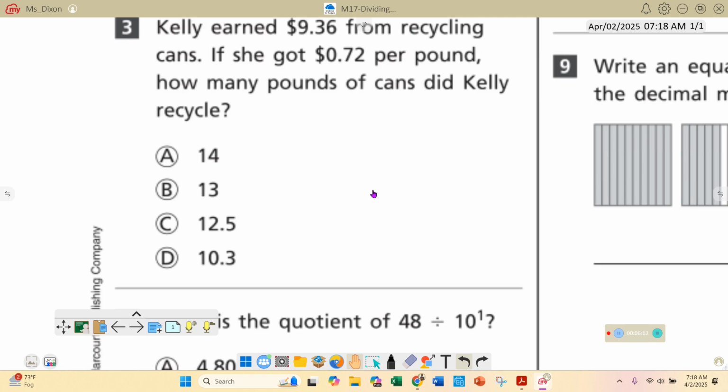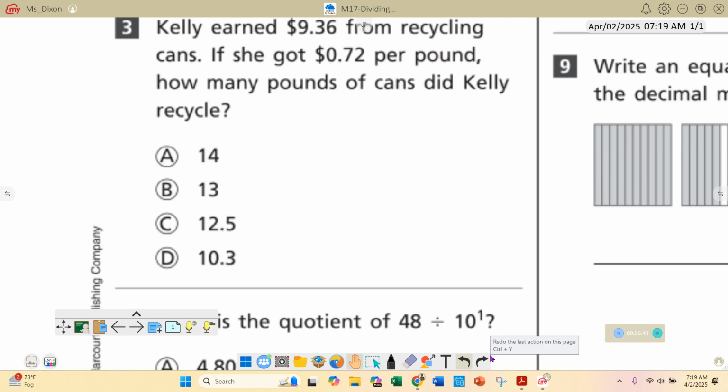Let's read what it says. Kelly earned $9.36 from recycling cans. Looking at this problem, we see that she earns a total of $9.36. She is separating that $9.36 into 72-cent pounds.